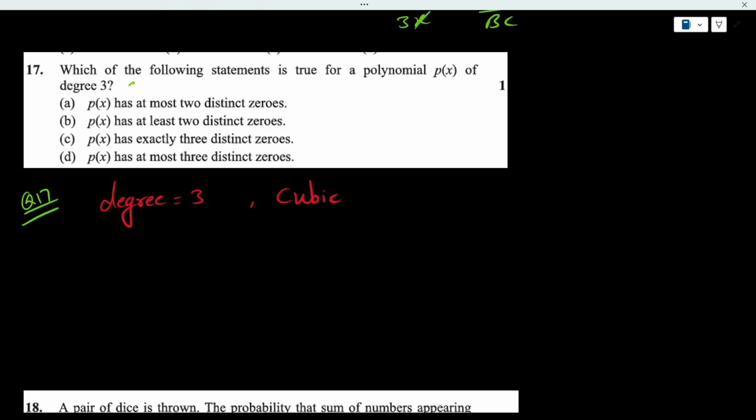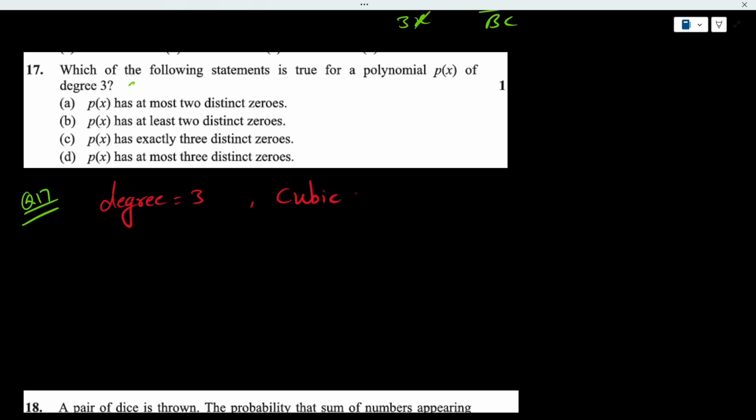Now, whenever there is a cubic polynomial, your maximum number of solutions is always based on your degree. So, therefore, there can be a maximum of 3 solutions. This is at most 3, not exactly 3. Like in a quadratic, because degree is 2, we get at most 2, right? There can be 2 distinct solutions, no solution, or 2 equal solutions also. So 0, 1, 2.